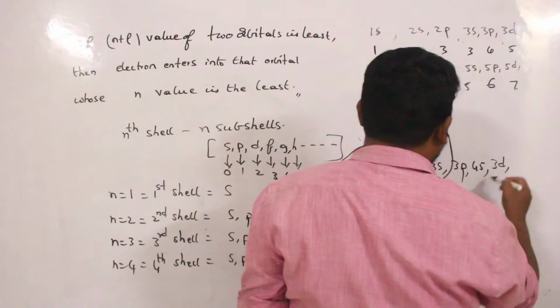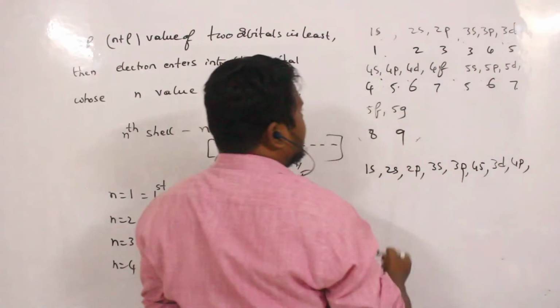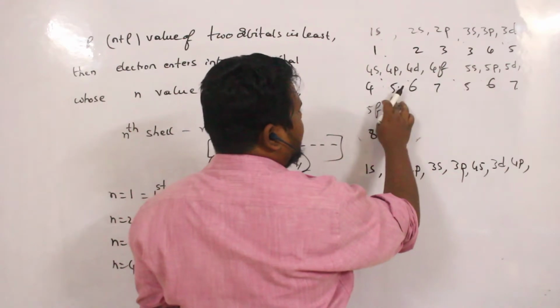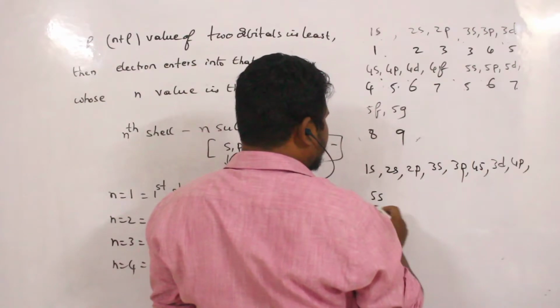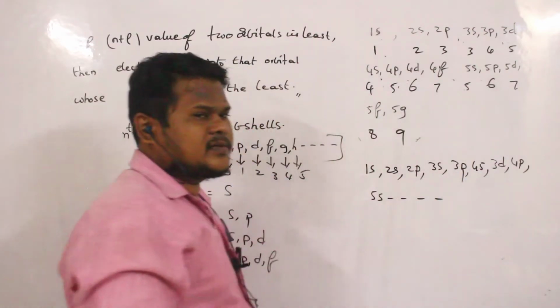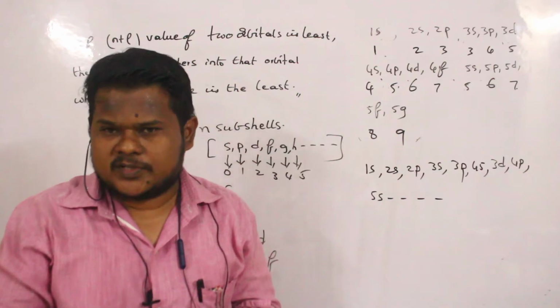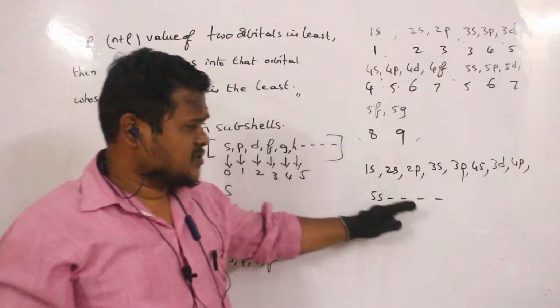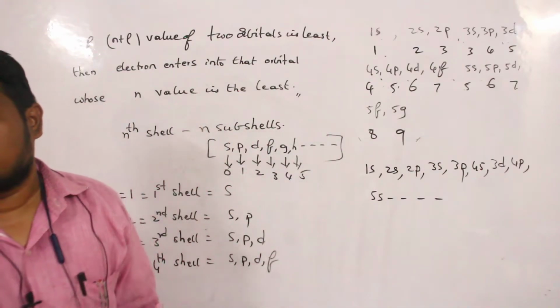So followed by 3d. Then it is followed by 4p. Then I also have 5, so electron enters into 5s. So like this, you can write the sequence in which electron enters into different subshells. Are you able to understand?